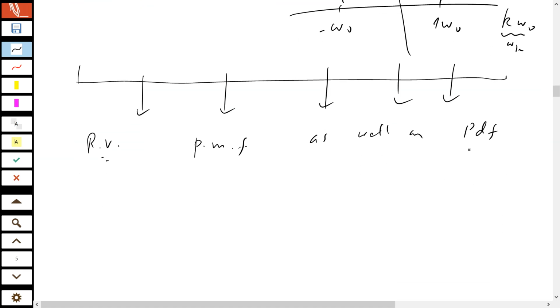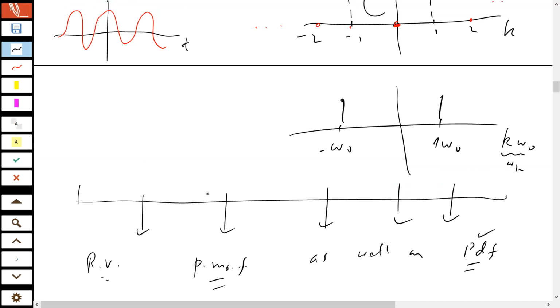I told you that the concept of PDF in a continuous random variable is needed because the PMF becomes zero. Just like these coefficients are only non-zero when you are dealing with a periodic function, but the moment you apply a Fourier series to aperiodic functions, all the coefficients collapse to zero, and that's why you have to replace them by densities, and that's why you need a transform.